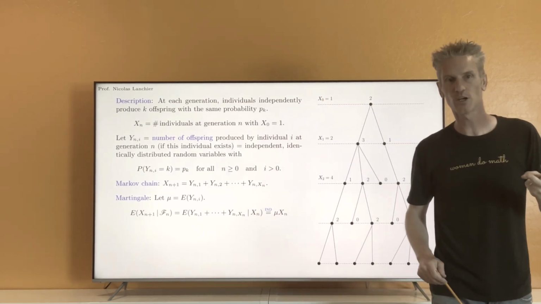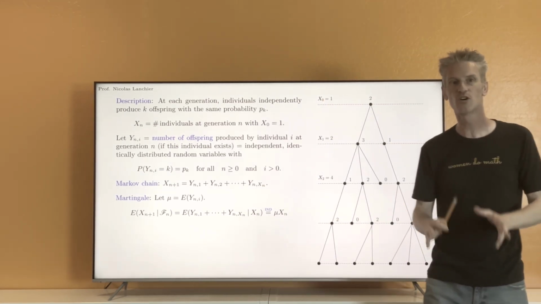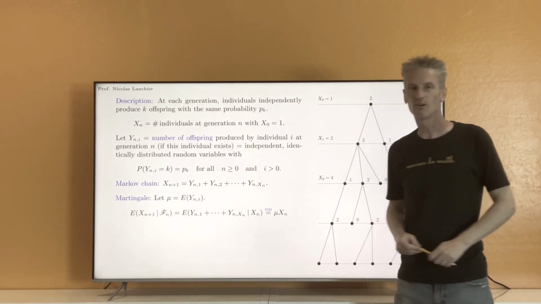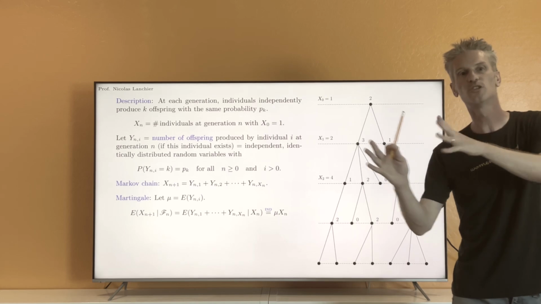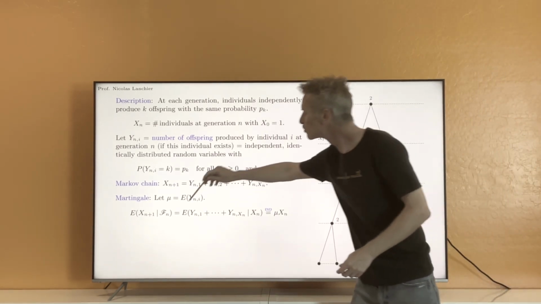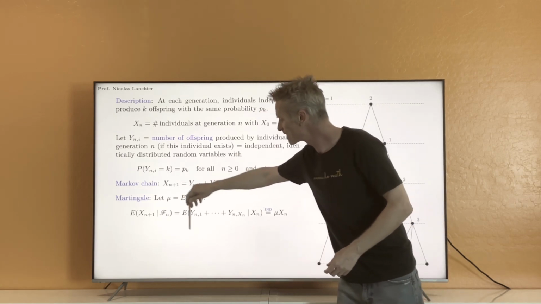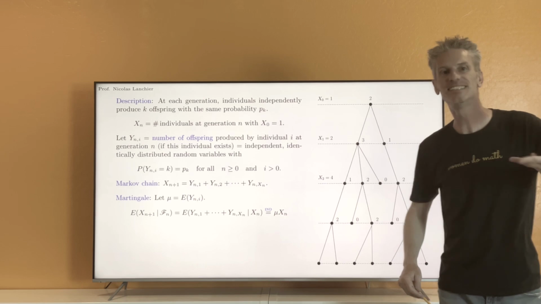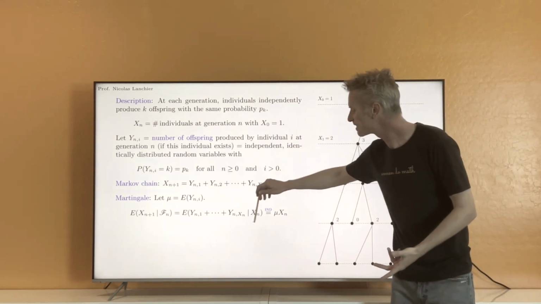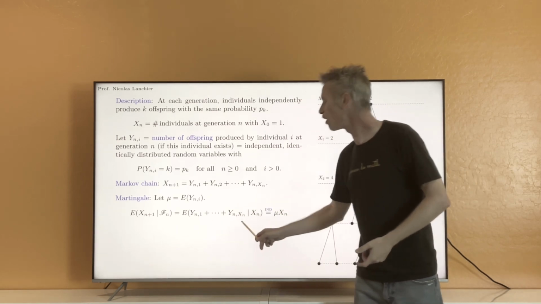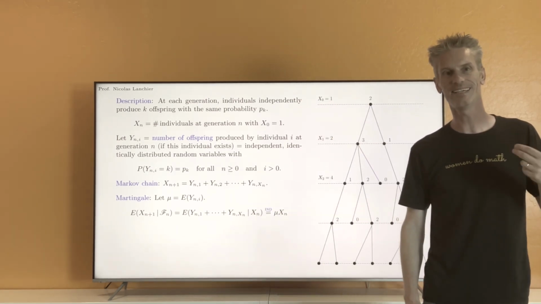We saw at the very end of the video covering chapter 2 that in this context, this conditional expectation should be an X_n-measurable function, and in fact it is just equal to X_n times the common expected value of those random variables Y_{n,i}.